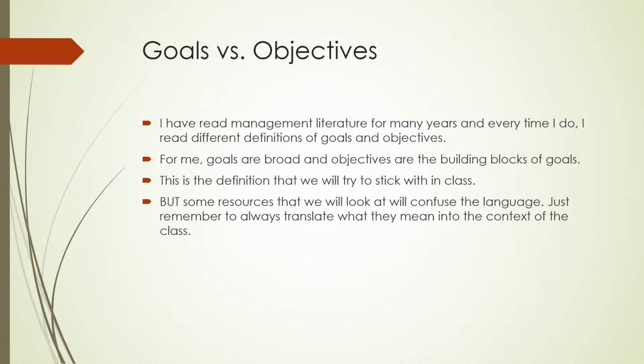So I'm going to use my own language so that I at least can be straight. For me, goals are broad and objectives are the building blocks of those goals. This is the definition that we will try to stick with in class. But some resources that we will look at will confuse the language. Just try to remember broad is goals and narrow and step by step are objectives.